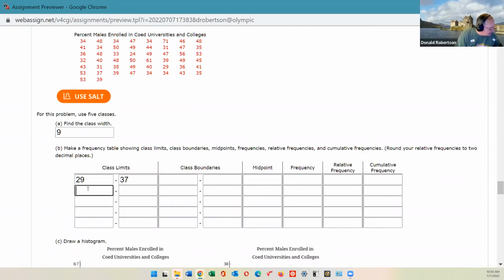And then add 9 to that, which would be 38 to 46. I find it easier to go down columns. I don't know why, but I do.